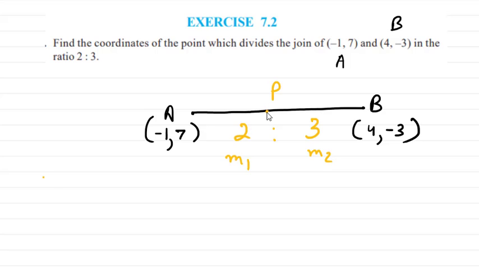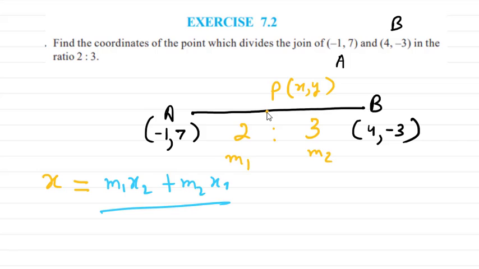Now as I told, to find the x coordinate of P, the formula is m1 x2 plus m2 x1 divided by m1 plus m2. This is our x1, which will be multiplied with m2, and our x2 will be multiplied with m1.